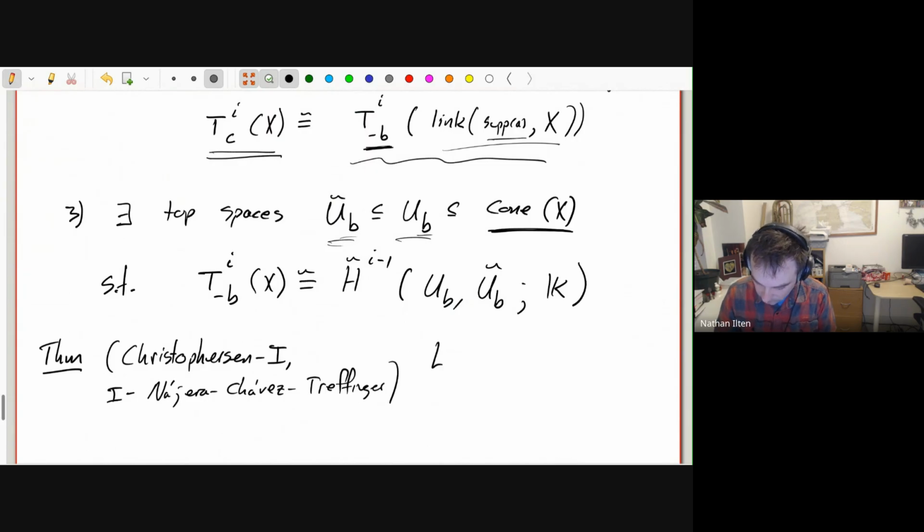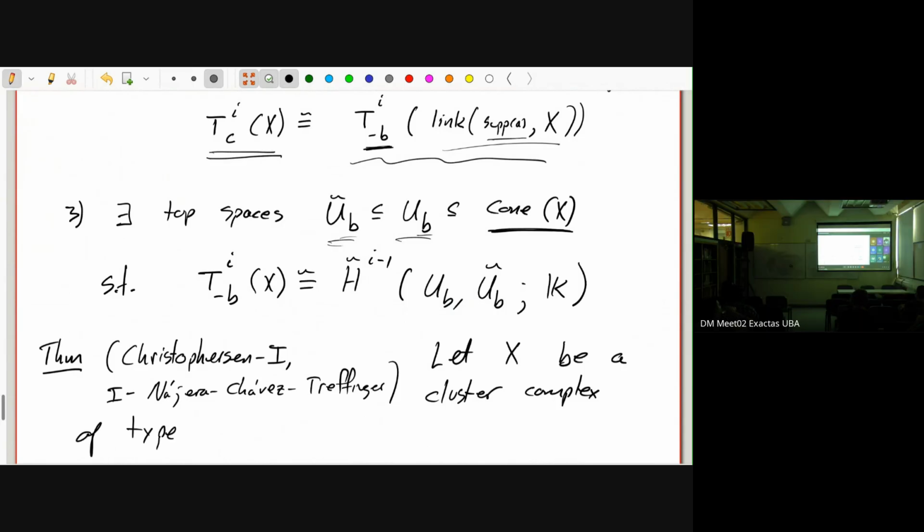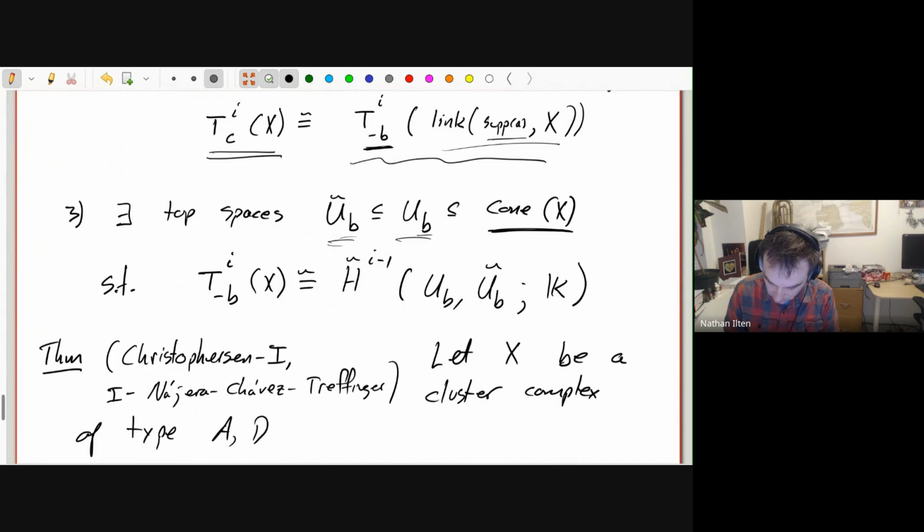And it says the following: let X be a cluster complex of type A, D, or E, then T^2 of X is equal to 0.